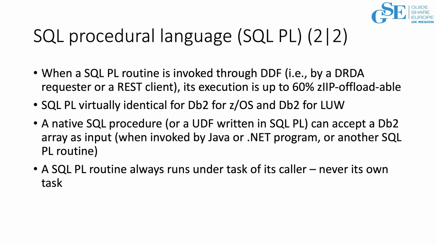There are also functional advantages. For example, a native SQL procedure, and only a native SQL procedure, can be created as an autonomous procedure. The data changes made by an autonomous procedure will not be rolled back.